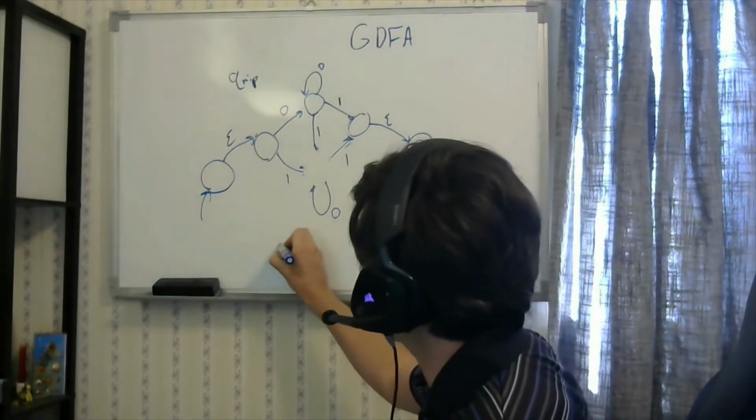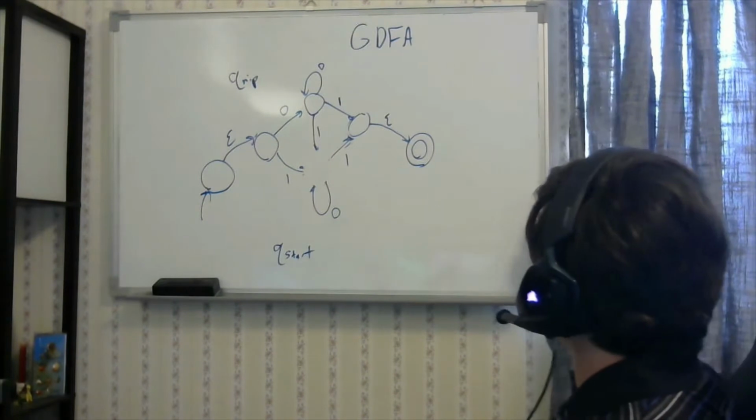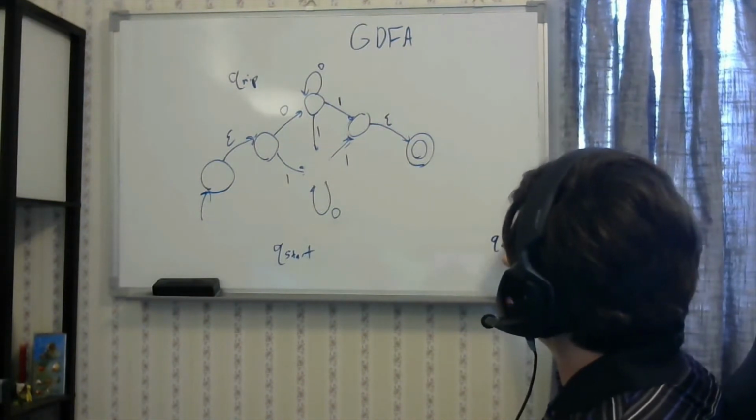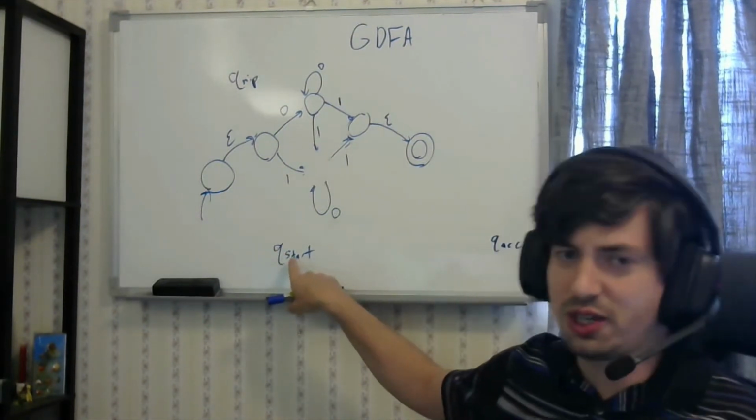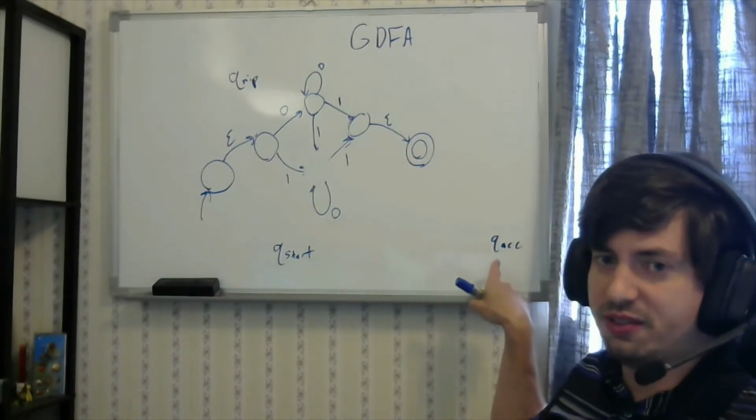So we're going to have any path through this graph start with the start state and go to the accept state with some number of states in between.